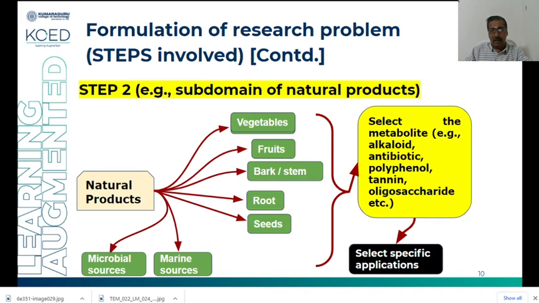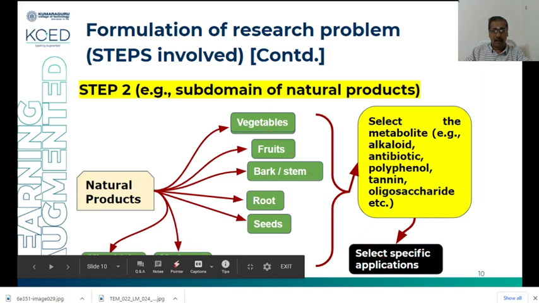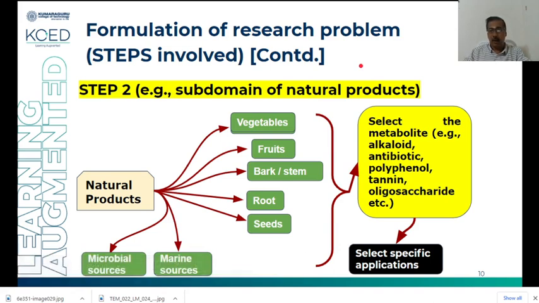After taking this decision, I have to fix the biological resources, whether I want to work in a plant, or I want to work in a marine organism, or I want to work in microbial sources, fungal sources, bacterial sources. Plant, microbial, marine. You fix. This could be the sub area. So the area will be natural product. Sub area will be these things.